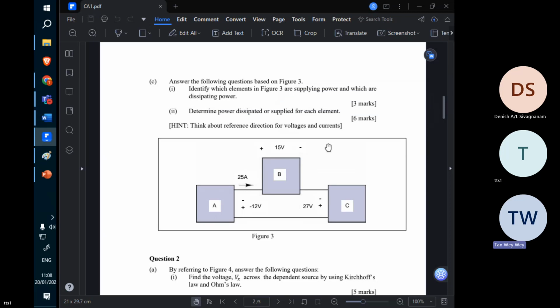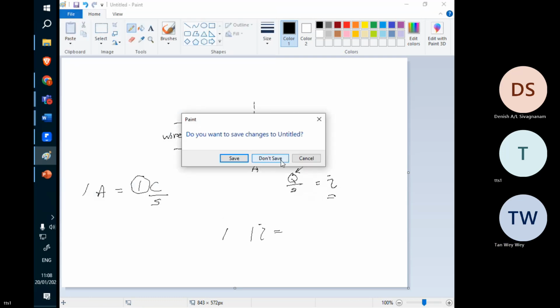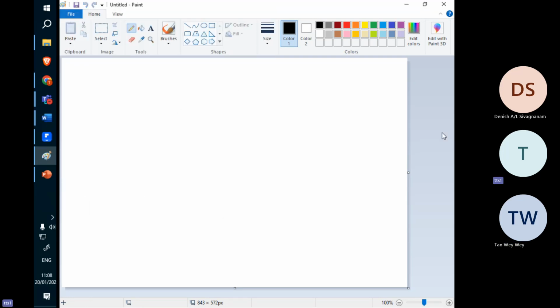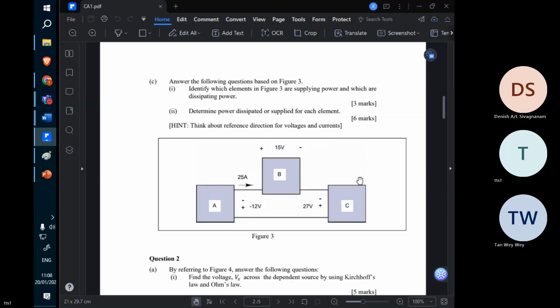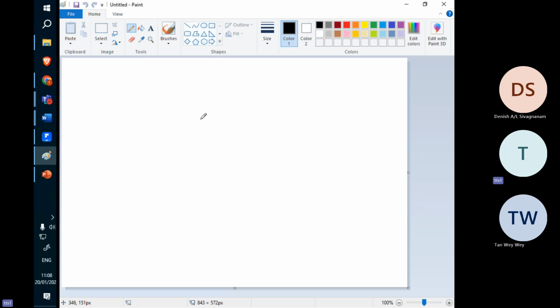Okay. All right, let me give you some background information before we try any attempt. So first of all, voltage measure for this component. Let's say we have this component here.